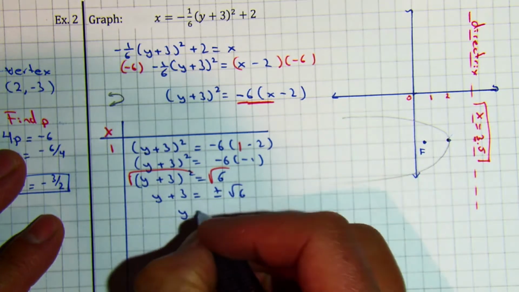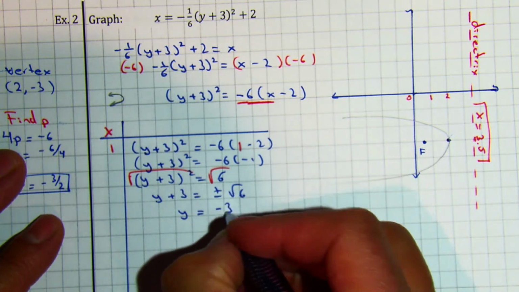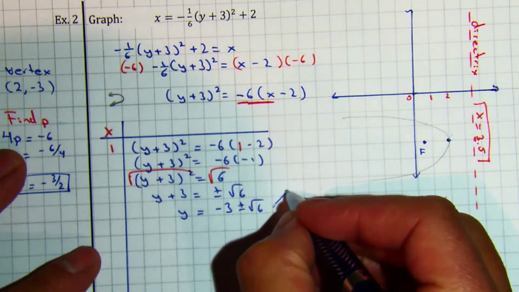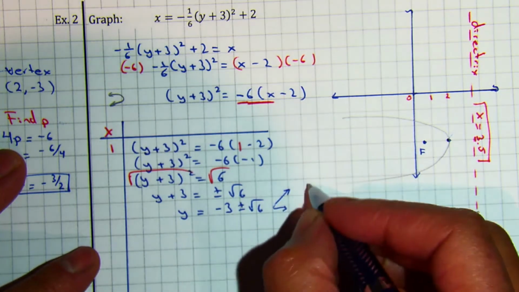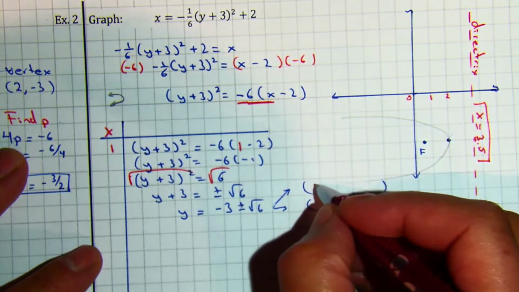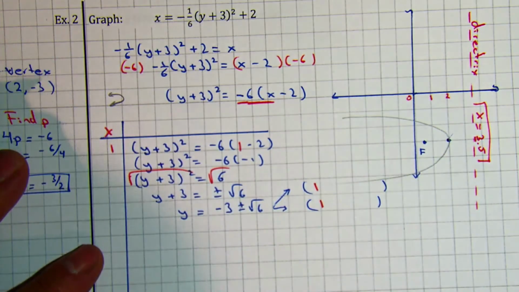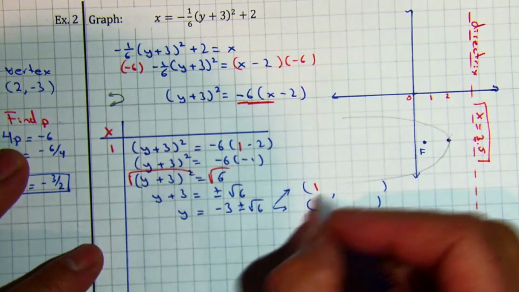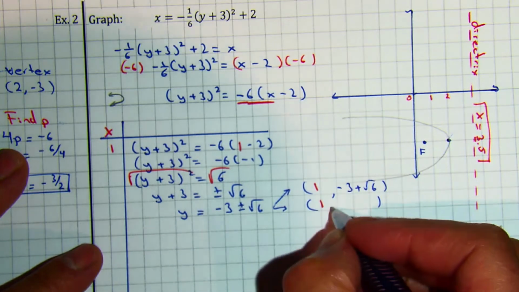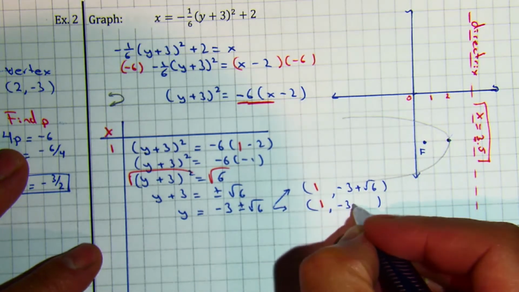So y equals negative 3 plus or minus the square root of 6. So we're going to have two additional points. Both of them have an x value of 1. One of them will be negative 3 plus the square root of 6, and the other one will be negative 3 minus the square root of 6.